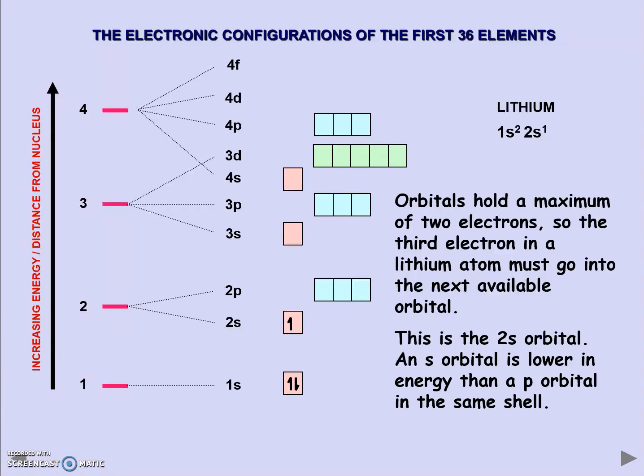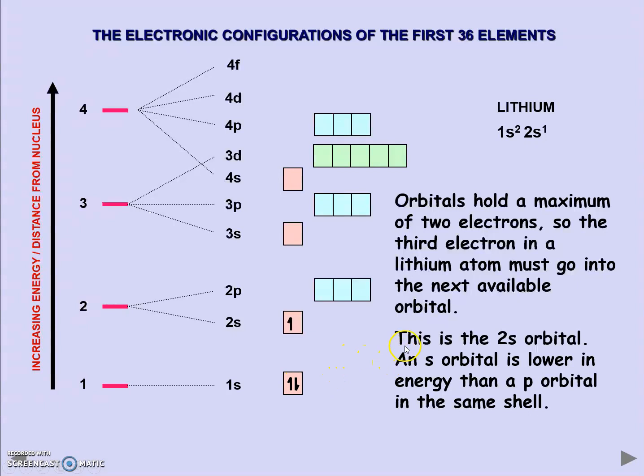If we go to lithium now. Now, lithium has got 3 electrons, and in the past you would have written it as 2.1. Now we can say that there are 2 electrons in the 1s subshell, or in the 1s orbital.